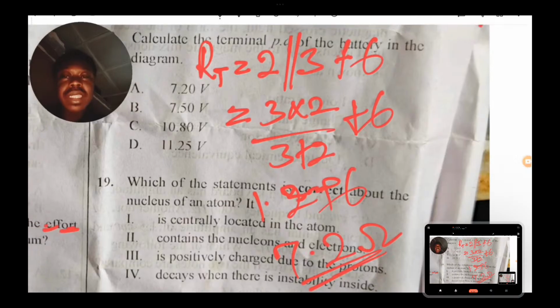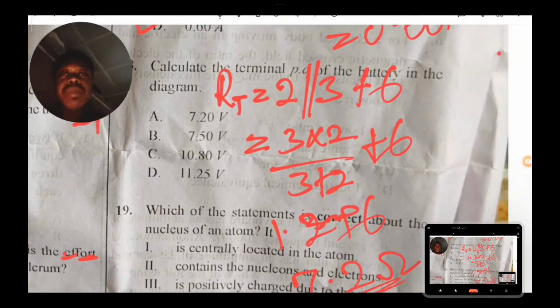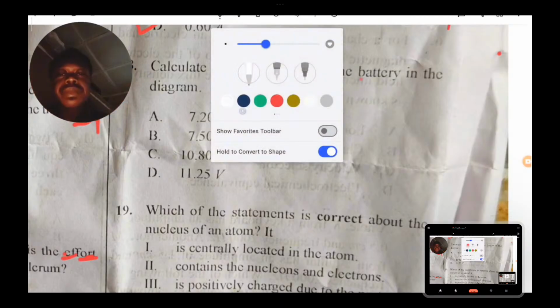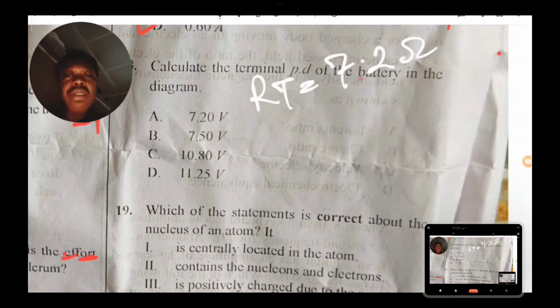So that's the total resistance in this circuit, 7.2 ohms. Is that clear? So permit me to wipe this. Let me clean this. Alright, RT equals 7.2 ohms.